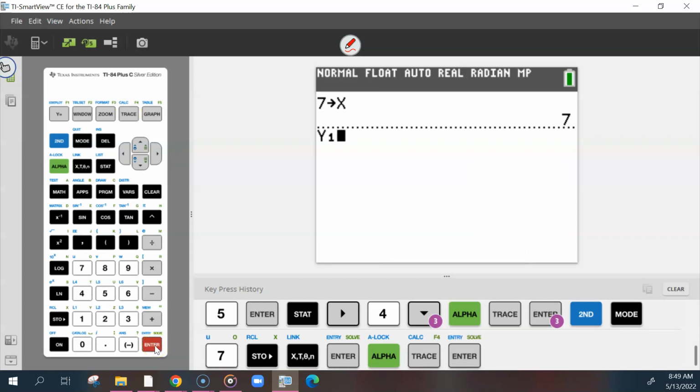And now this equation that was stored has my 7 in for X, and it would give me that answer. Other questions on line of best fit for calculator or Desmos things?